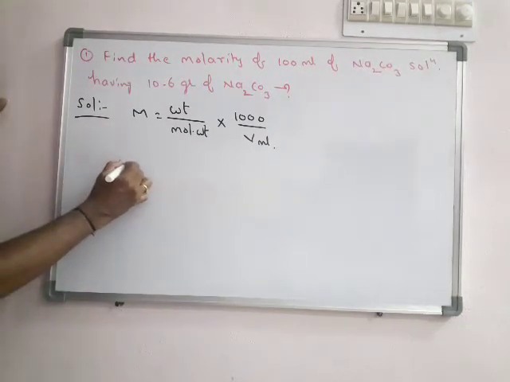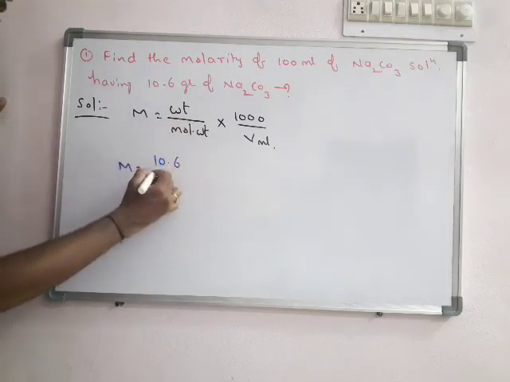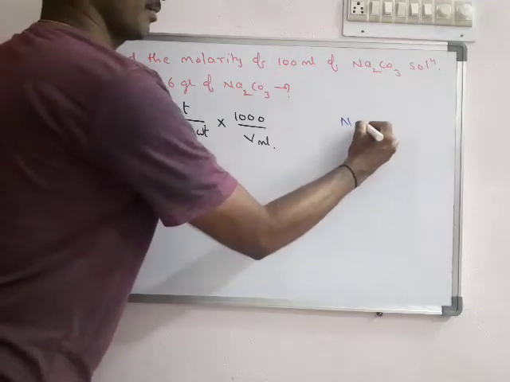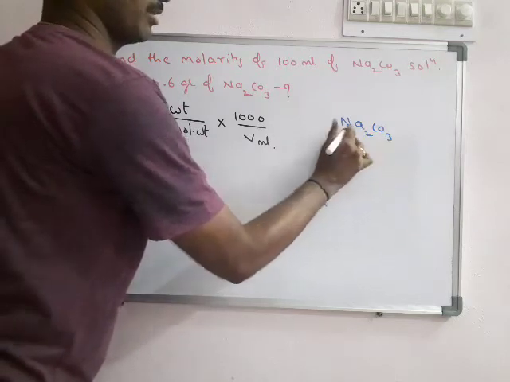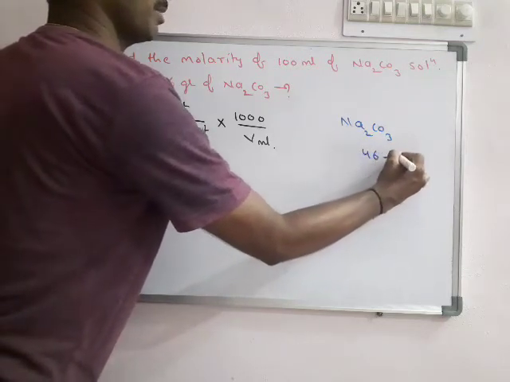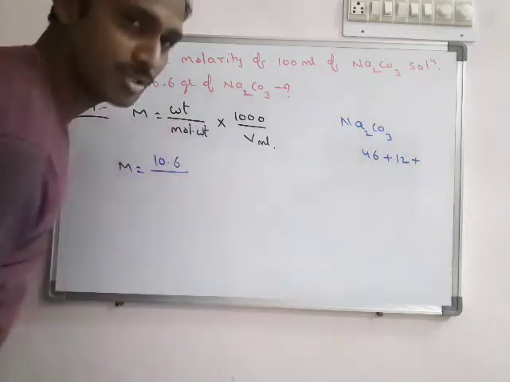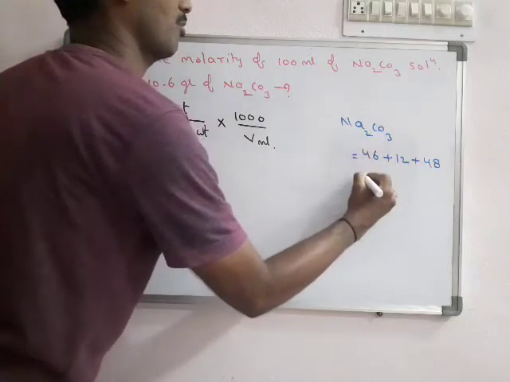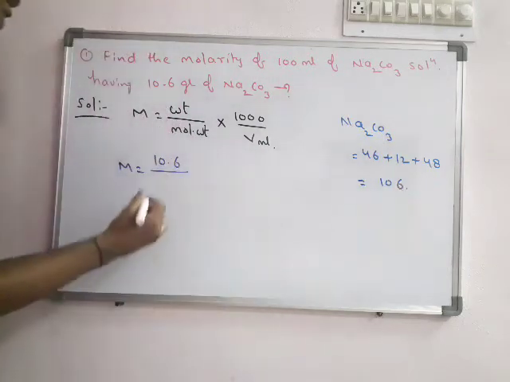So substitute. Molarity is equal to, what is the weight? 10.6. What is the molecular weight of sodium carbonate? Each sodium carries 23, that is 46, plus carbon 12, each oxygen carries 16, so 106.